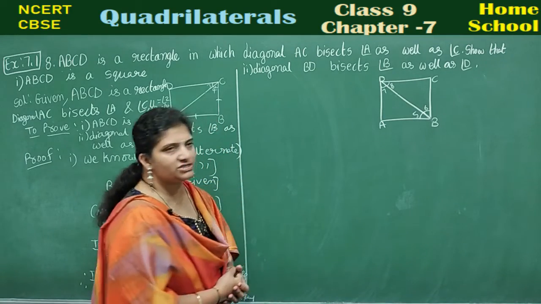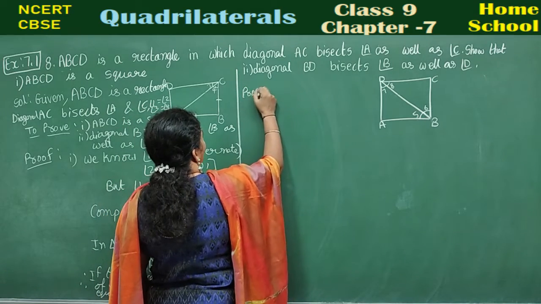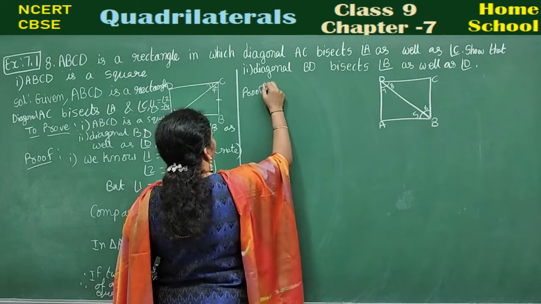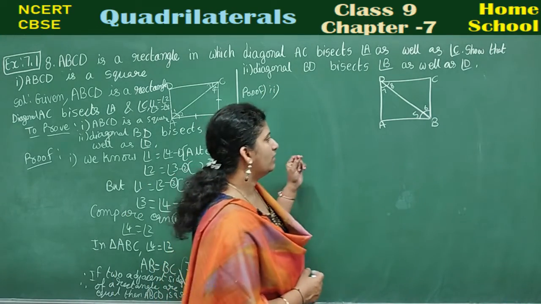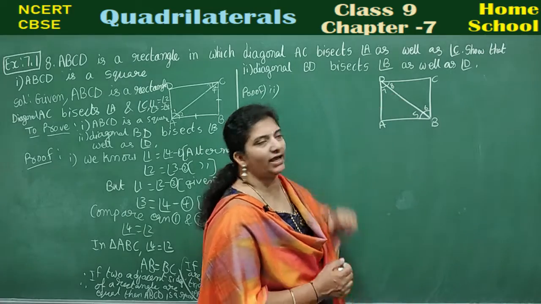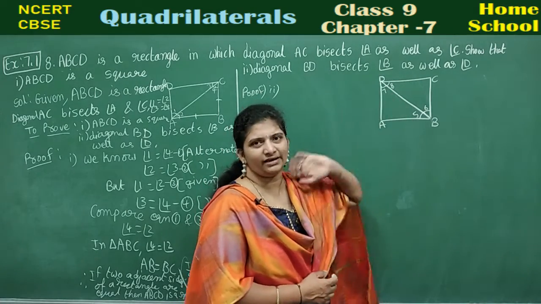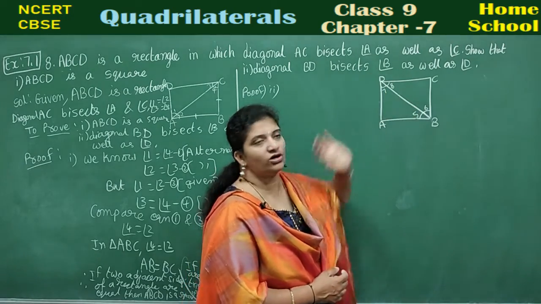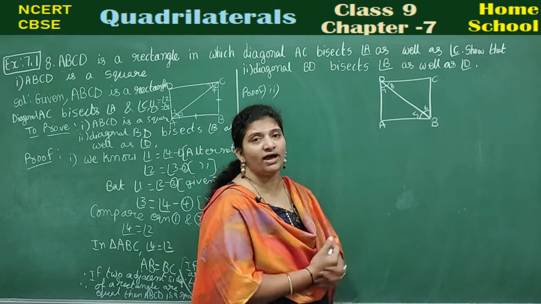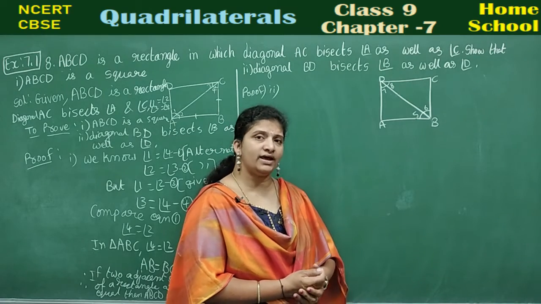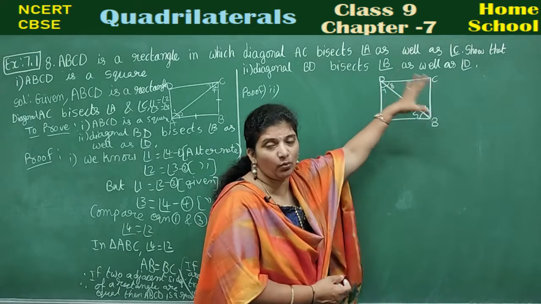Let us start this proof. How can we start this one? Just let me discuss with you how we can prove this. Angle 5 is equal to angle 8, because diagonal BD acts as a transversal and alternate angles are equal. But I say angle 5 is equal to angle 7. How can I say that? Because this is a square.